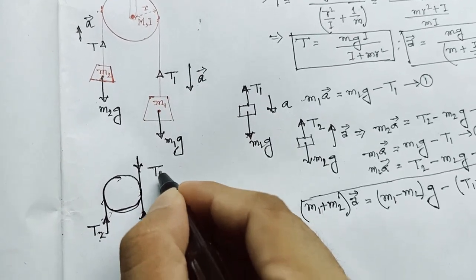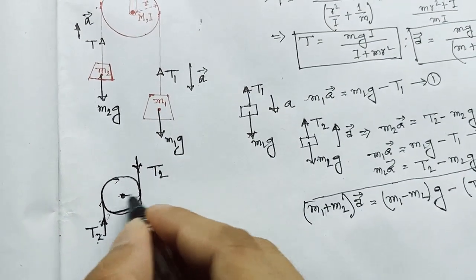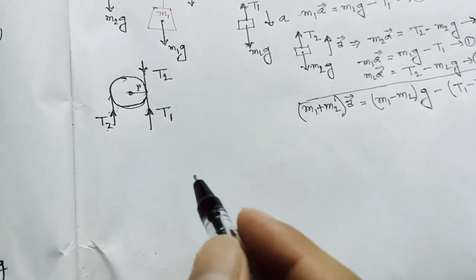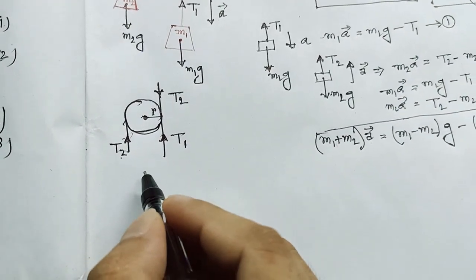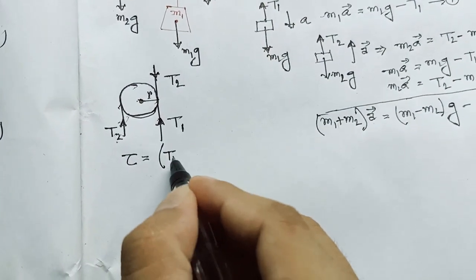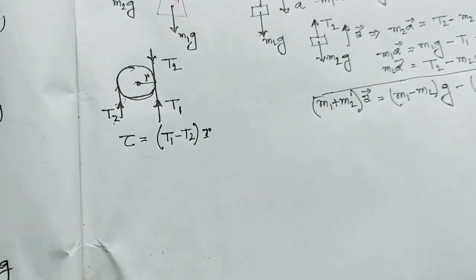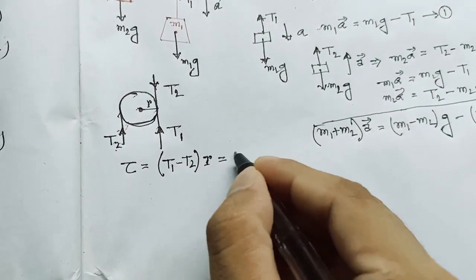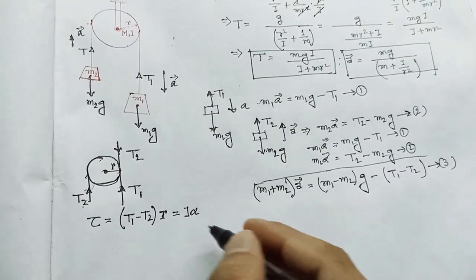This is the direction of T1, and the tension on the other side, T2, acts in this direction. This is the center of mass of the pulley, and this is our radius. Now we write the torque equation of the pulley. The torque tau will be the net force, T1 minus T2, into R, because force into distance equals torque, and that will be equal to I alpha, where I is the moment of inertia of the pulley and alpha is the angular acceleration.